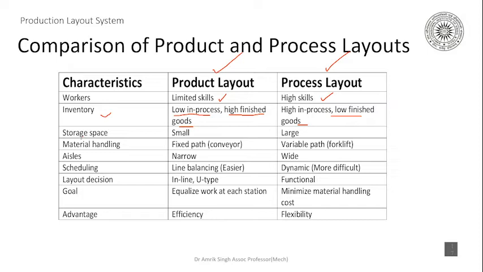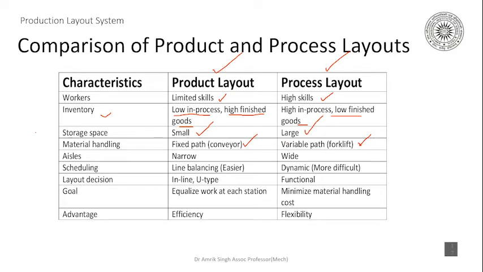Okay. The storage space: a small storage space in the product type, and in the process type, a large storage space. Material handling: fixed path, so we may use a conveyor. In this, we may use a truck or a forklift or a movable type of material handling which can follow a variable path.